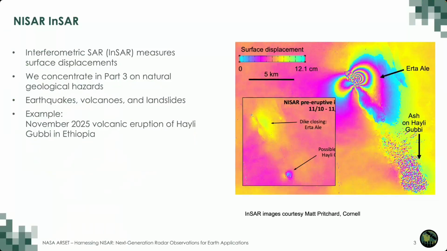This image on the right here is just an eye candy image of the interferogram for the volcanic eruption of this volcano in Ethiopia called Haile Gubi that erupted in November 2025, fortunately just after NISAR was ready to start collecting science data.